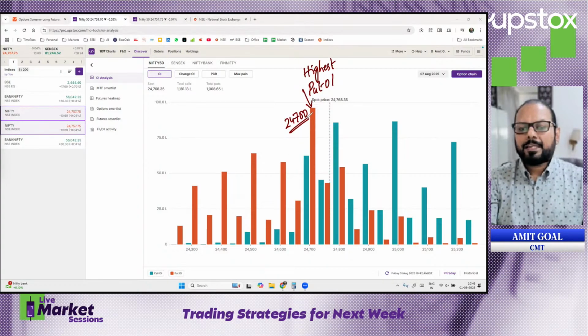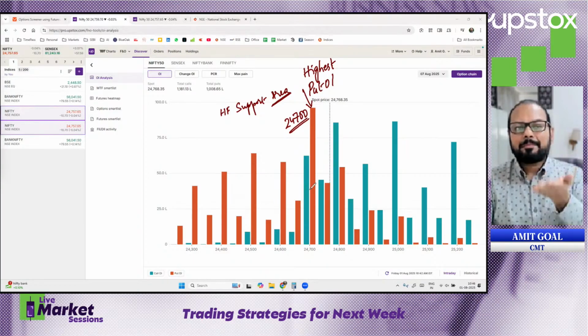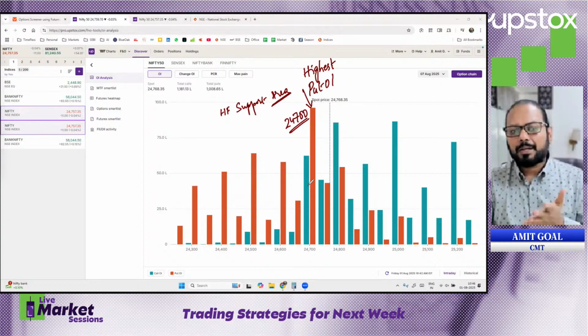Now, if we are looking at it from the perspective of a seller, this becomes a high frequency support area, right? Because if I'm selling puts, what am I trying to do? I'm trying to create a support, a temporary support in the market.